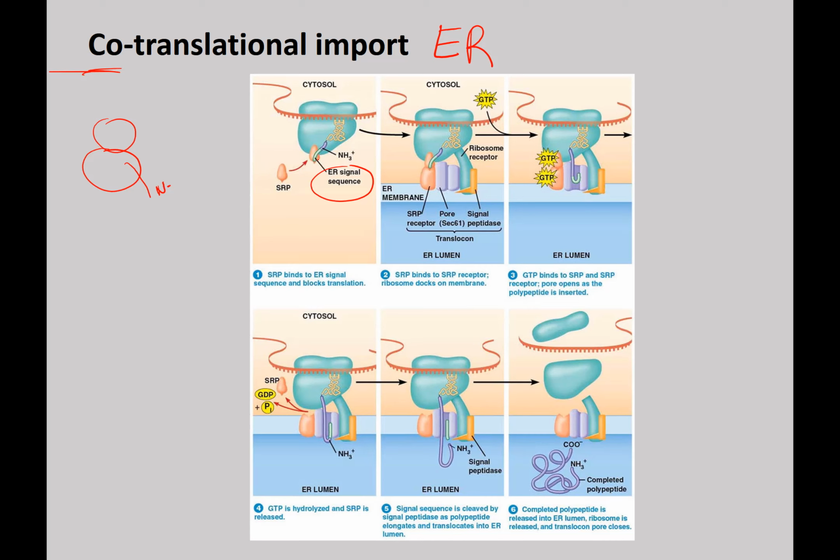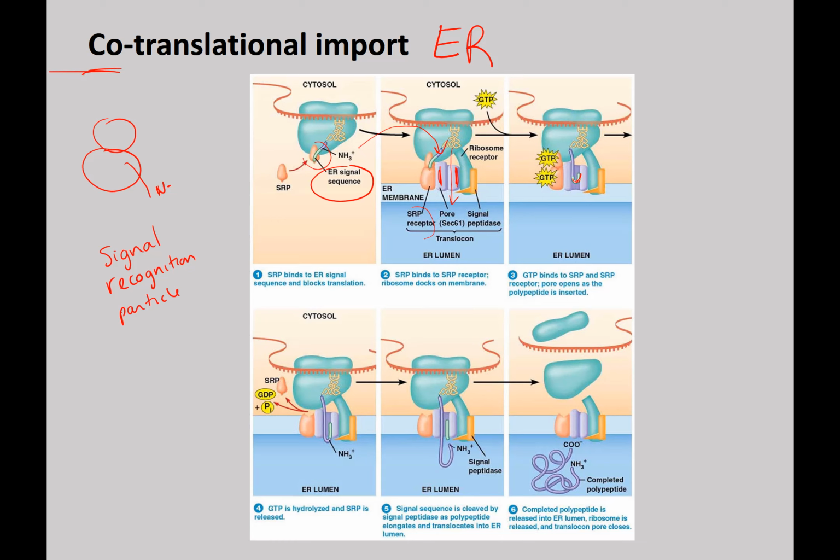So there's this little signal sequence that this SRP, signal recognition particle, binds to. Okay, so this protein complex binds here, and it actually stops translation. And it stops translation so that it can take the ribosome and the protein and the mRNA to the ER, where it docks on this SRP receptor. And here is the pore where the protein will be translated through.